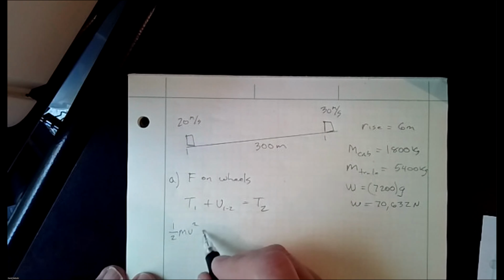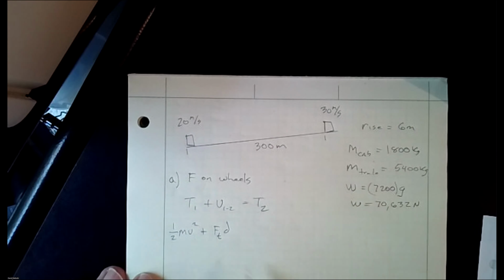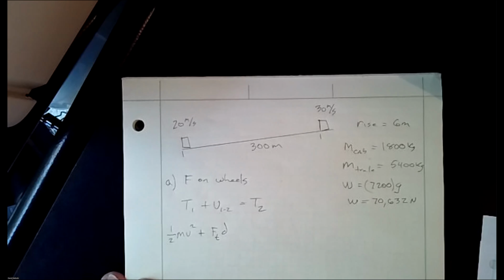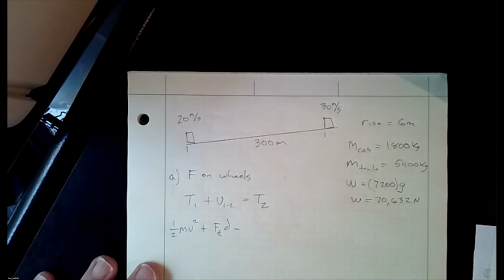And then plus, now what is our, we know it's the force of the truck times distance, right? So Ft times d. And then, but we're going uphill, so we're losing potential energy. So we have to subtract. Well, we're gaining potential energy, but it's a negative.